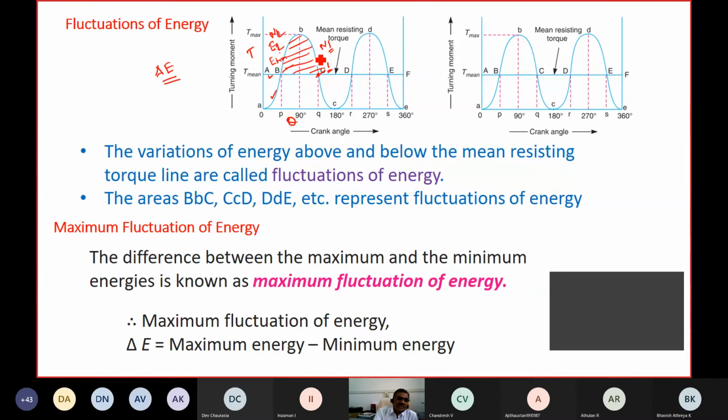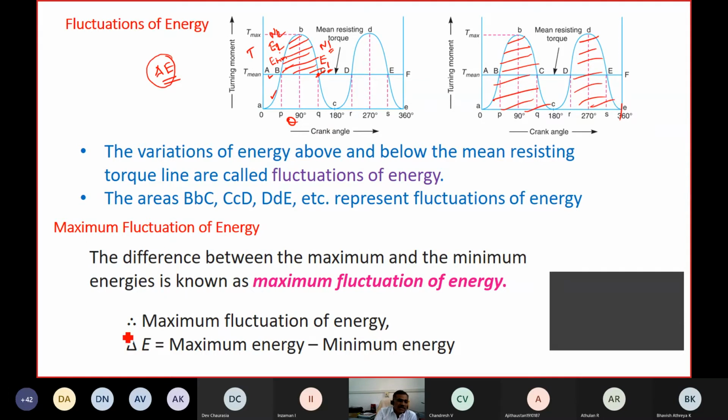This is the excess energy in this engine. If you want to find the total work done during a cycle, you have to find the total area under the curve, which will give the work done for one cycle. This is for one cycle up to 360 degrees. After that, another cycle will start.